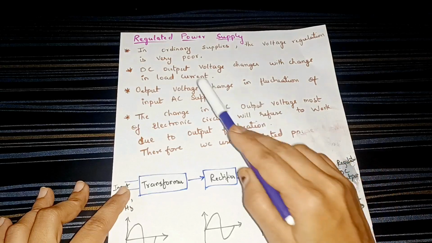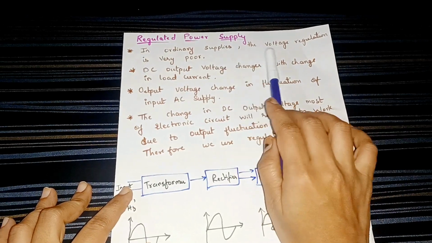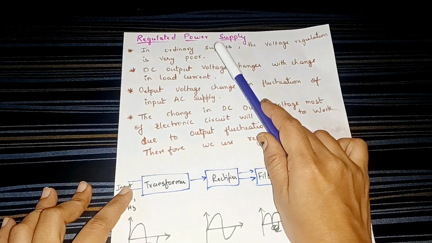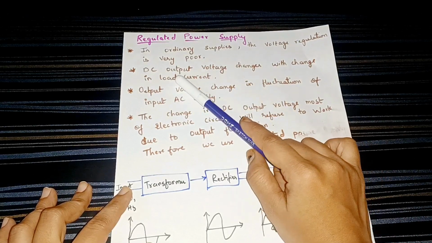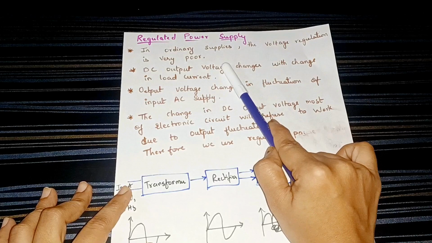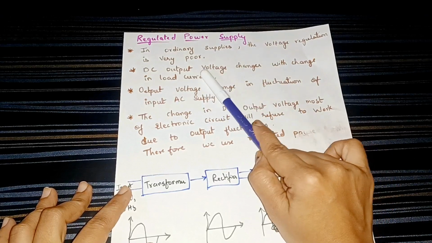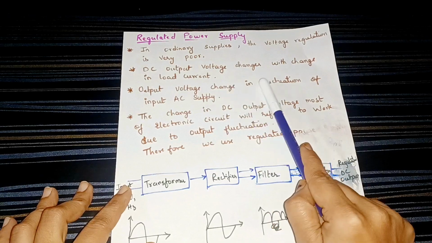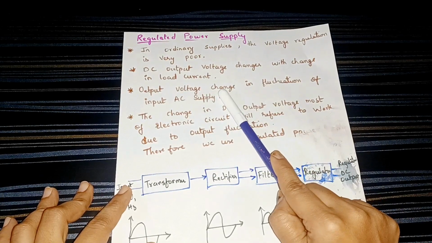Regulated power supply is needed because, without regulation, the voltage regulation will be very poor. The DC output voltage will change with the load current, and the output voltage will also fluctuate with the input AC supply.